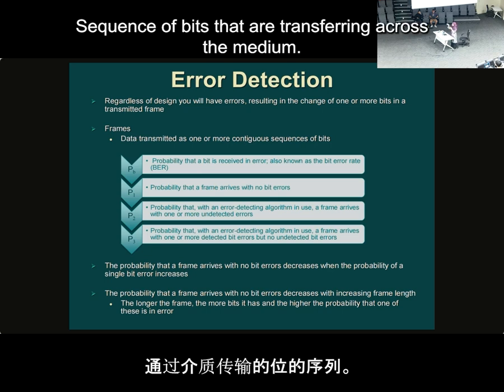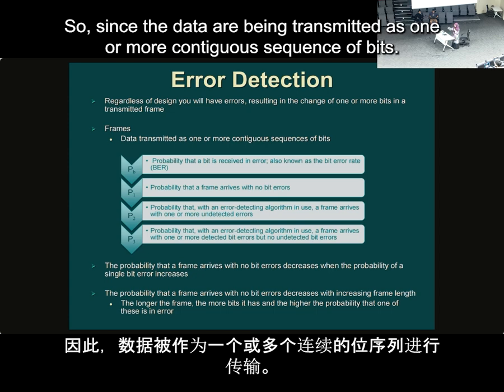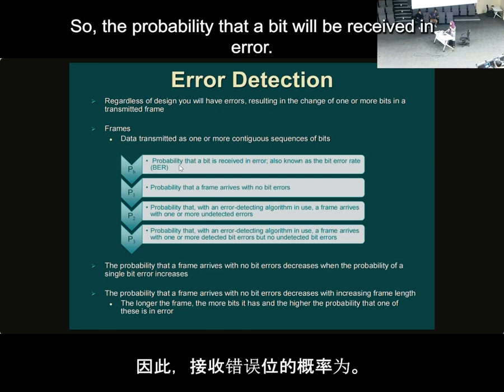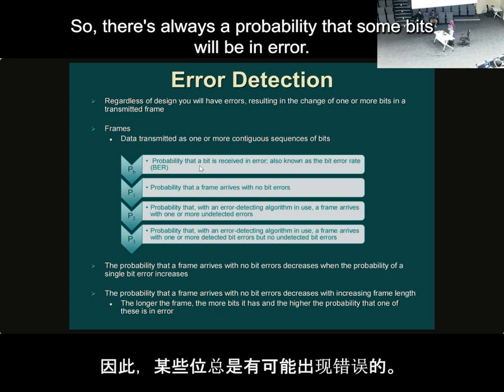These are sequences of bits transferred across the medium. Since the data are transmitted as one or more contiguous sequences of bits, there is always a probability that some bits will be received in error.